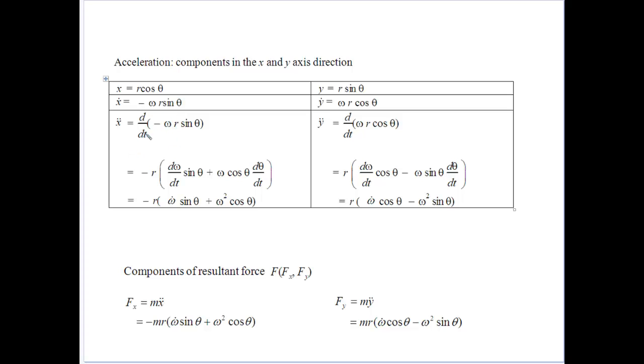We can take the r out because that's a constant, but we get the omega dt times sine theta, and then the derivative of the function there with the cos, so we get omega times cos theta. Sine theta goes to cos, and the d theta by dt, which we can bring down to omega dot if we want to write it in those terms, and omega squared, because that would be omega again. So all I've done is apply the product rule on that using those two functions.